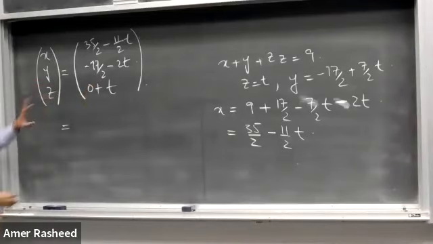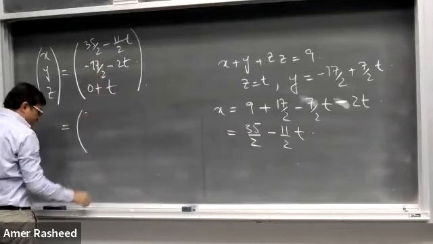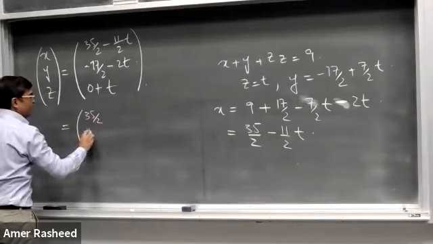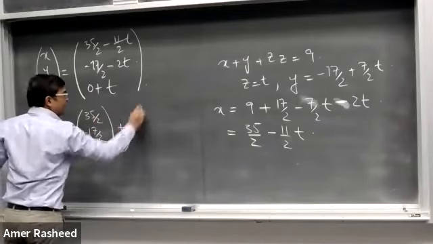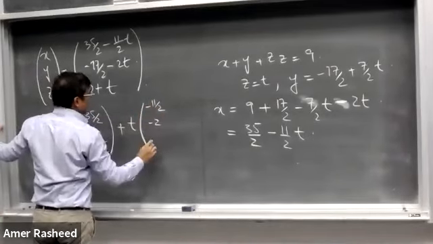Now you try to separate the constant vectors and the vector with the values of t. So you can write here (35 by 2, minus 17 by 2, 0) plus t times (minus 11 by 2, 7 by 2, 1). 7 by 2 will not be in the second row.